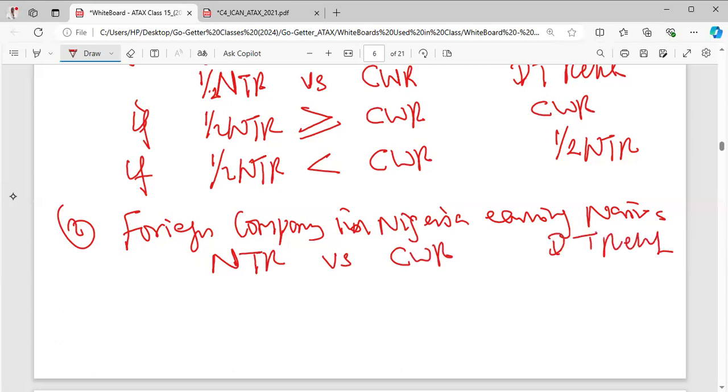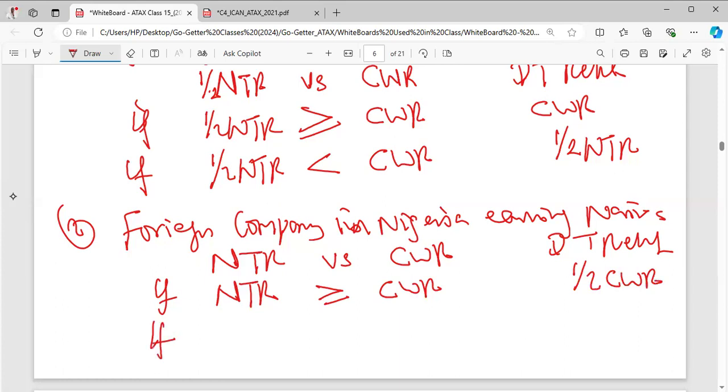So now, if Nigerian tax rate is greater or equal to the Commonwealth rate of tax, it's going to be half of the Commonwealth rate of tax.